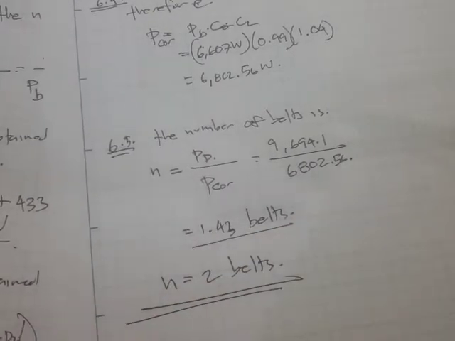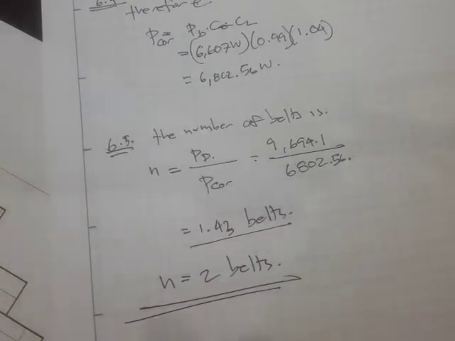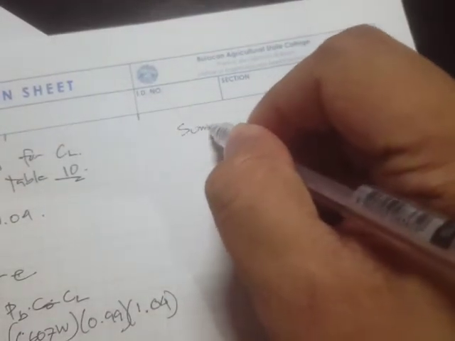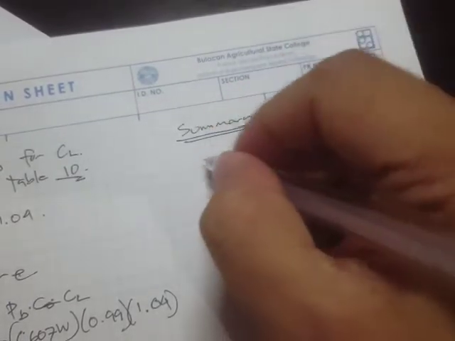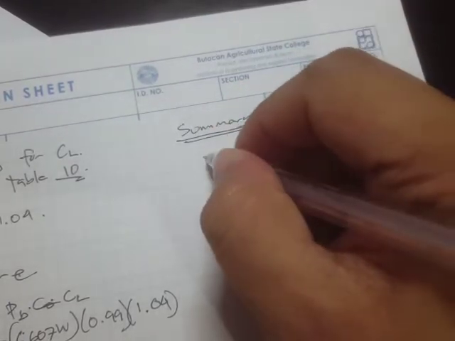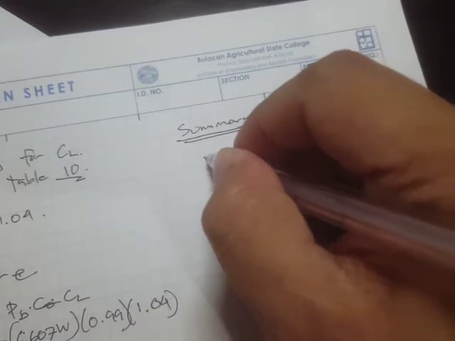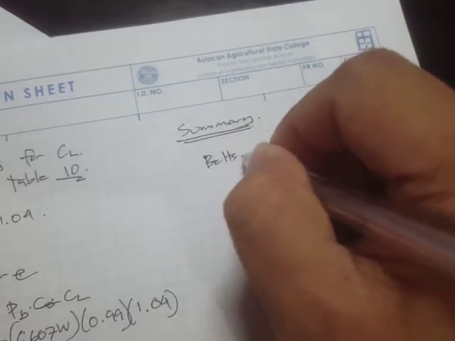Okay, so far we have completed already the design, because we have, let's write it here. So summary, we have the type B V belts, right? So belts, let's just write here.